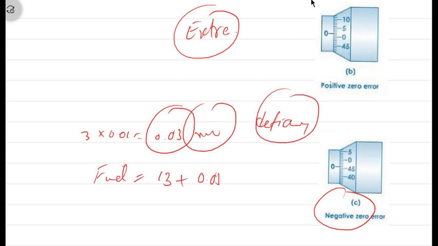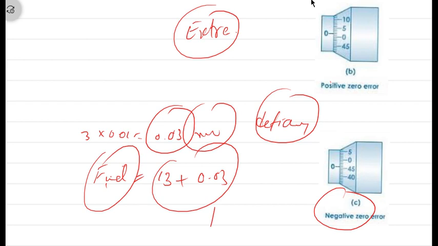That's why you just add the deficiency to the final result, the sum of the main scale reading and the circular scale reading. In this way you will get the result free from the zero error.